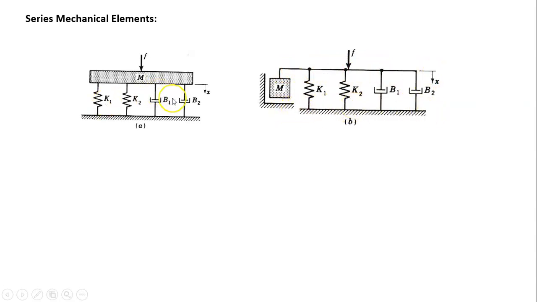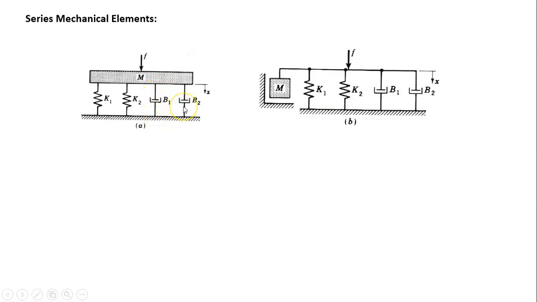Now from diagram A, you are observing that spring K1 is connected to the coordinate X at one end and to the ground at the other end. Similarly, K2 is also connected to the X coordinate and to the ground at the other end. Similarly, damper B1 has one end connected to the X coordinate and the other end to the ground.